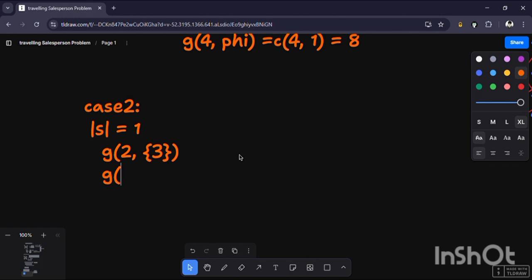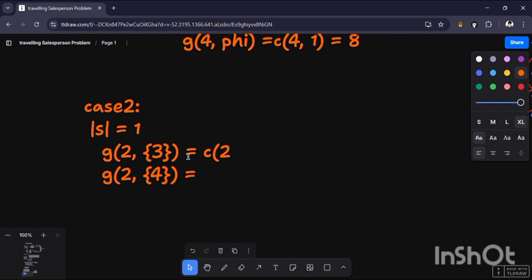And let's calculate for 2. Okay, sorry, I can go to 3 or I can go to 4. g of 2 comma 3 will be equal to this, and g of 2 comma 4 will be equal to this. So what is the value of this?